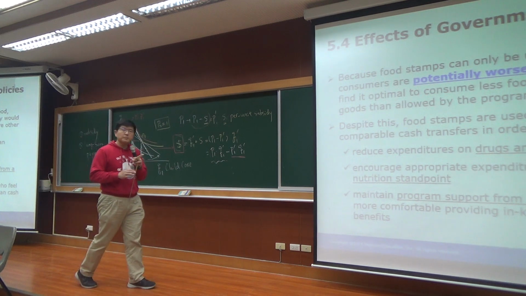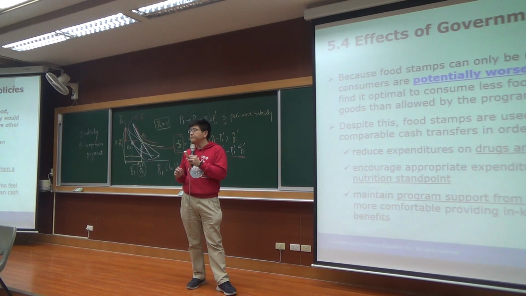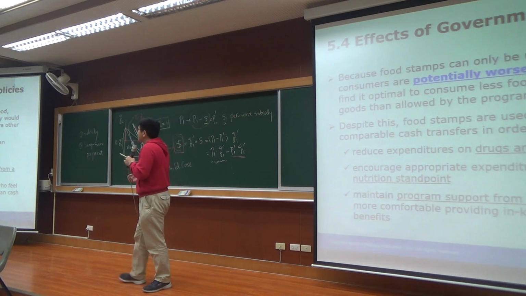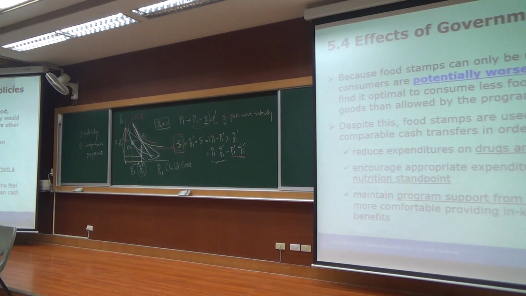We hope to help those poor families with some kind of help that can make their children better, like education, like nutrition, right? Because sometimes the consumer, although they will feel better off, their choices may not just meet our expectation, right?